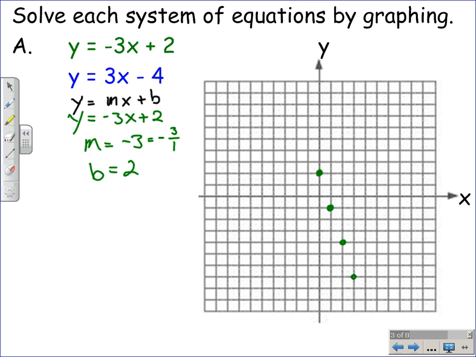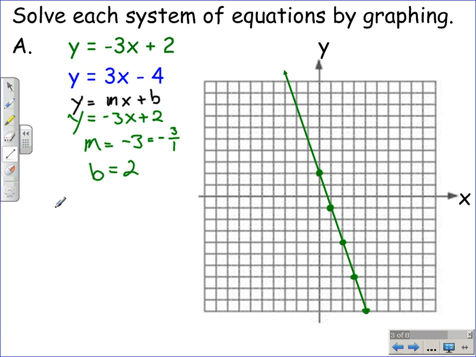The more points you have, the more accurate your line is going to be. Now that I have several points graphed, I can draw in a line that represents that linear equation. And there it is. This is the equation y equals negative 3x plus 2.